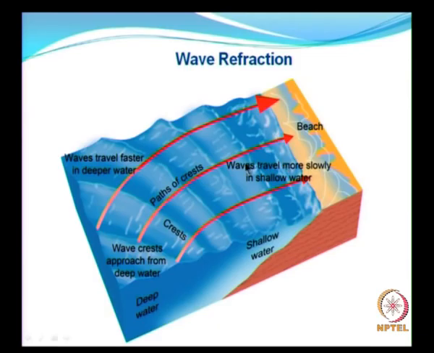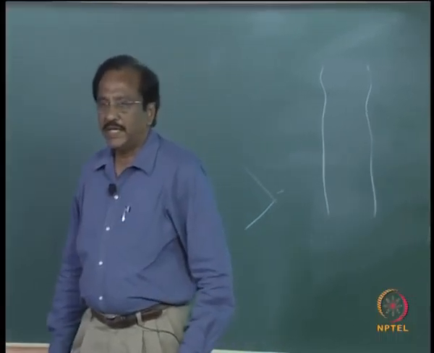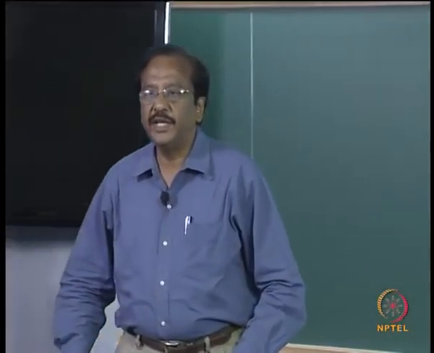The path of the wave crest is perpendicular to your wave crests or wave fronts. When you draw this kind of a picture for a given stretch of coast, it gives you how the wave energy is getting distributed.